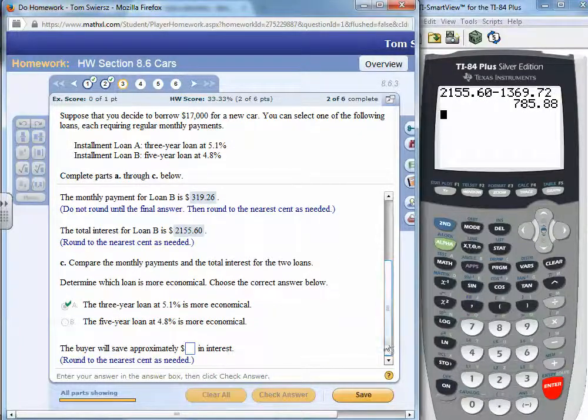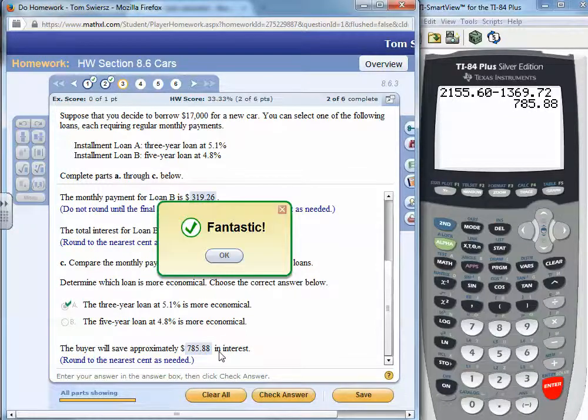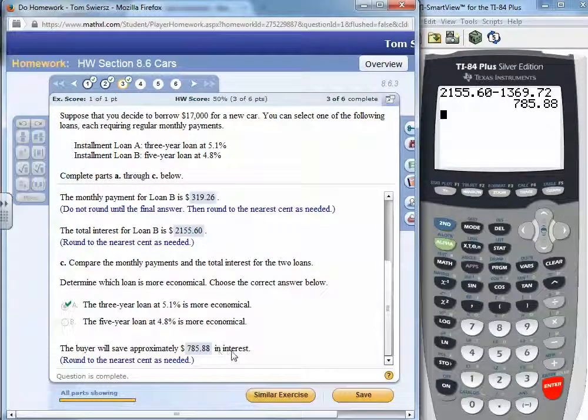So the difference, to the nearest cent, is $785.88.